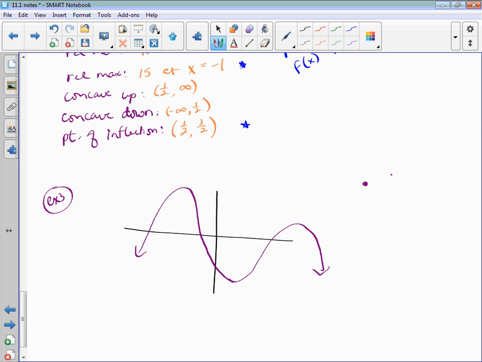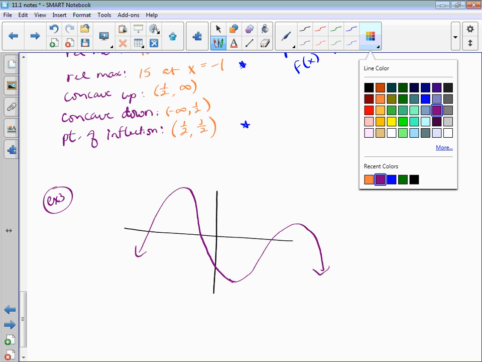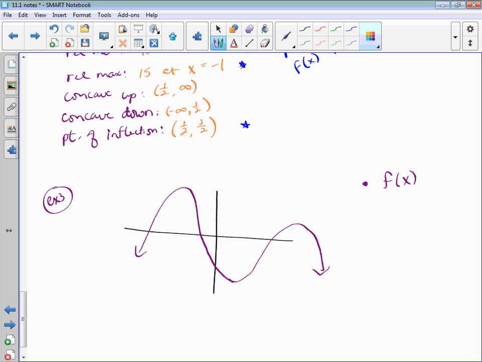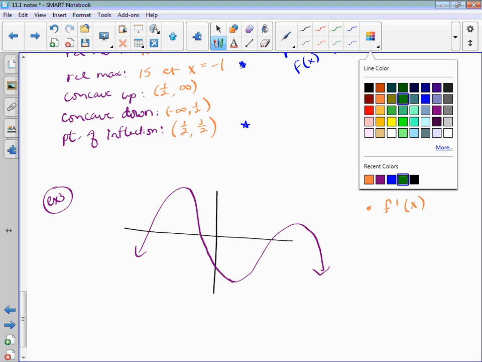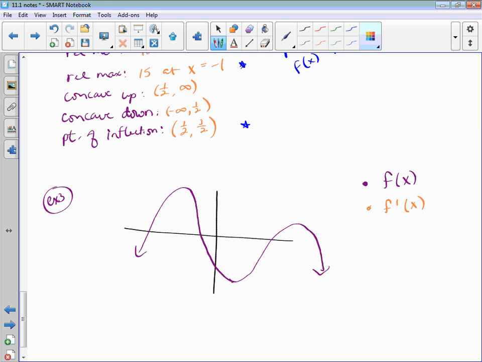Purple is your f of x. I want you to try to sketch, I'll be doing it in orange, the first derivative. And does the green show up okay for you guys? And the second derivative.